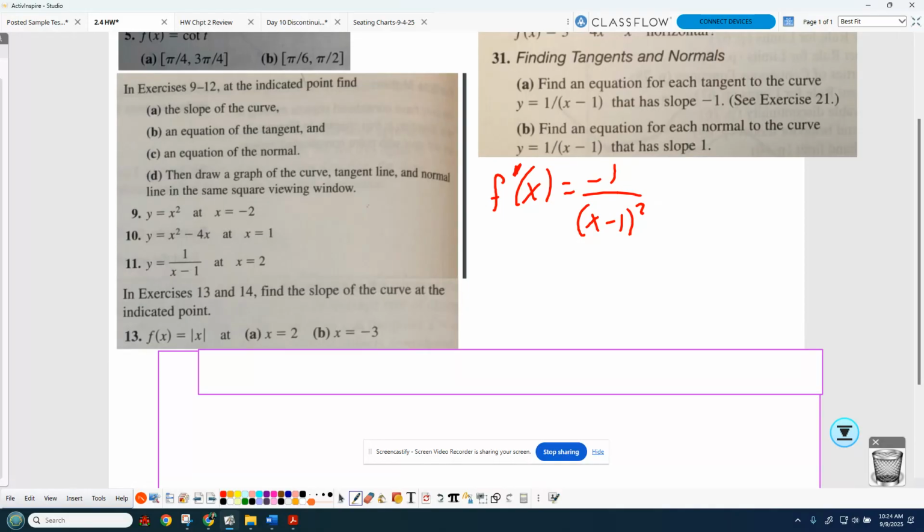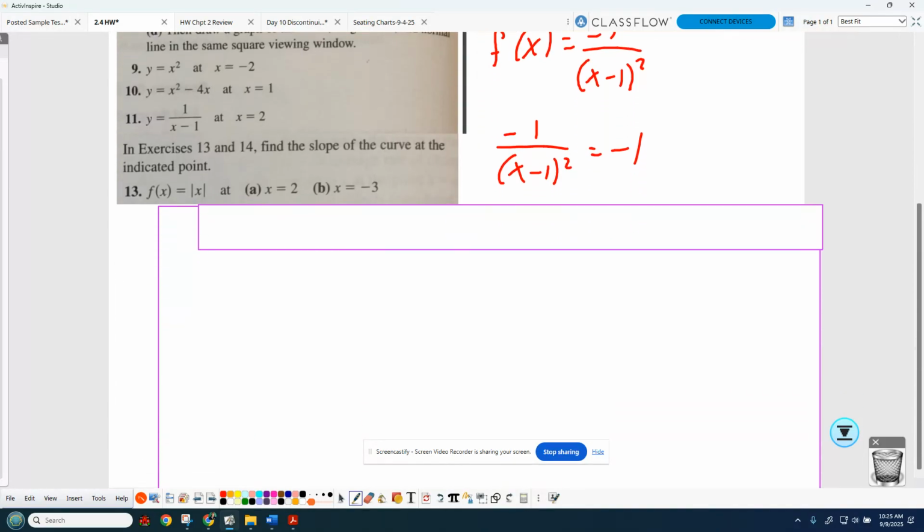But asking the question this way, like, hey, what x values makes this slope -1? Take the equation of slope, set it equal to the slope they wanted, and solve for x. How would we solve for x with you?